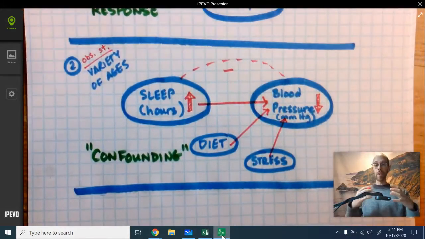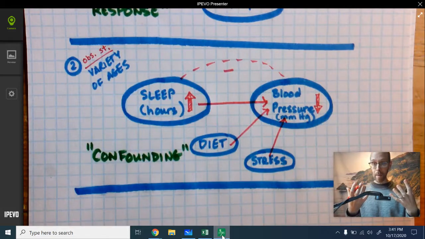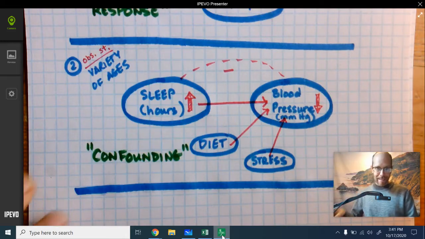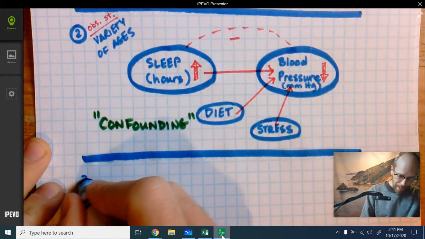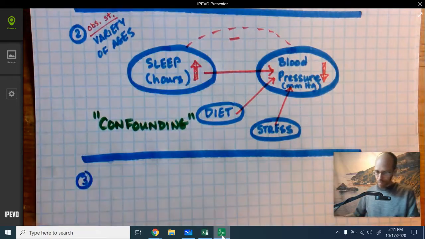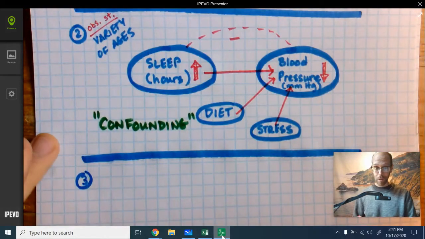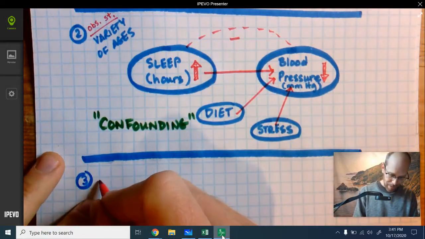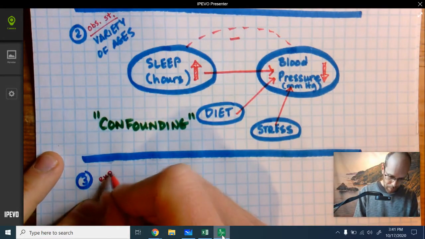Observational study means that we just observe the behavior of people and we don't actually try to impact their behavior. If we did try to impact their behavior, we wouldn't be doing an observational study anymore. We would be doing something else that's very important in science, and that is an experiment.